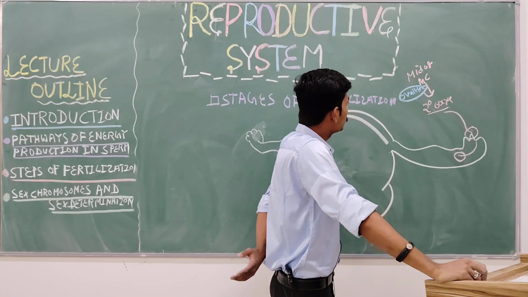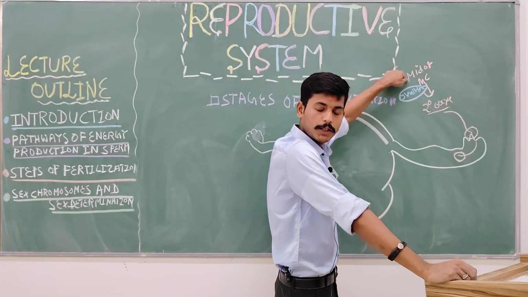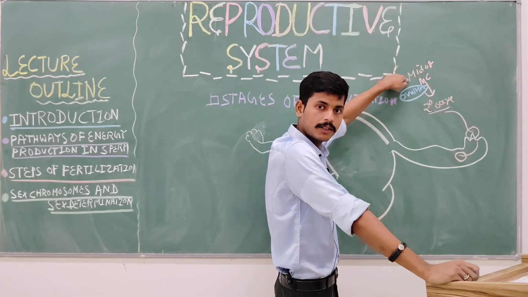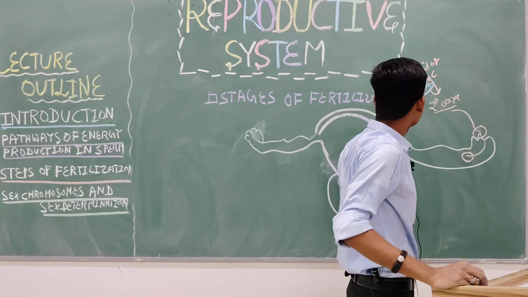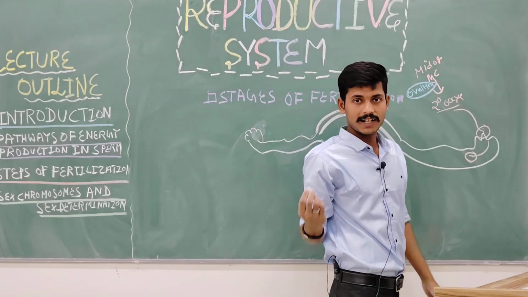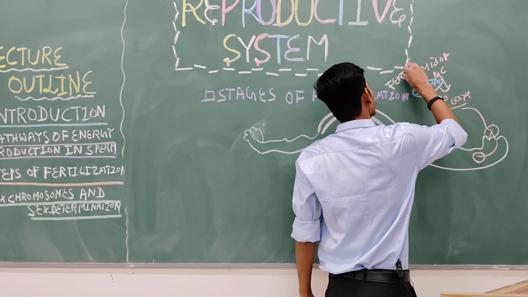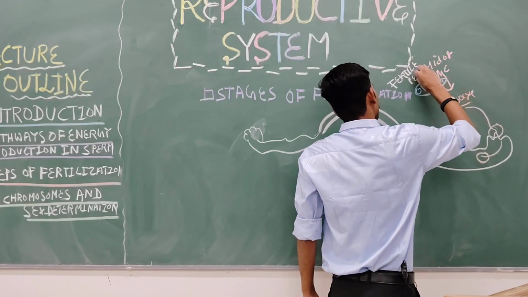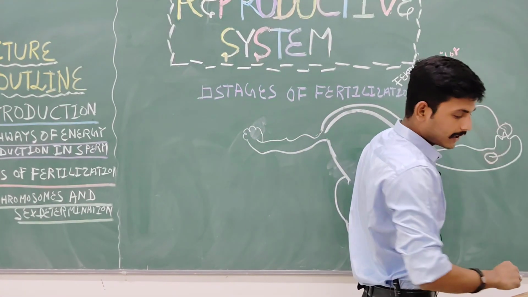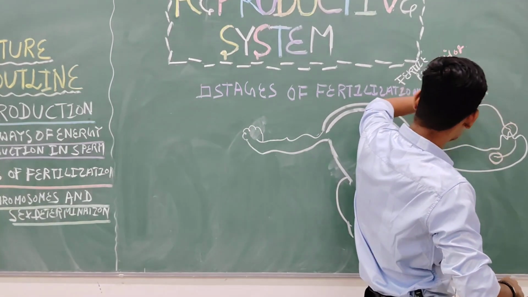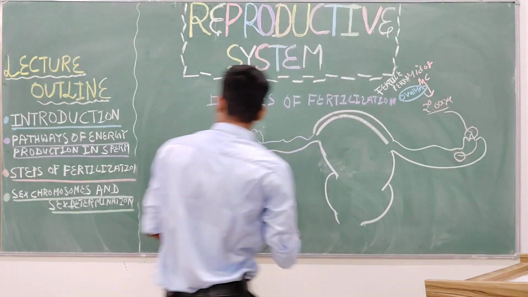So one general concept you should keep in your mind is that if a sperm comes during the ovulation time, then there is a higher chance of fertilization, and that's why this period is also referred to as the fertile period of women.